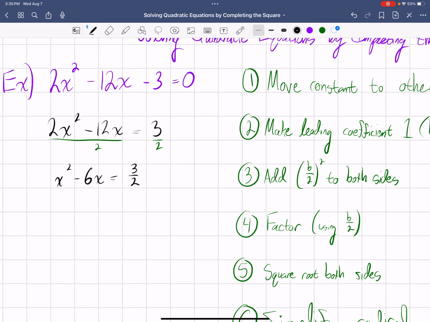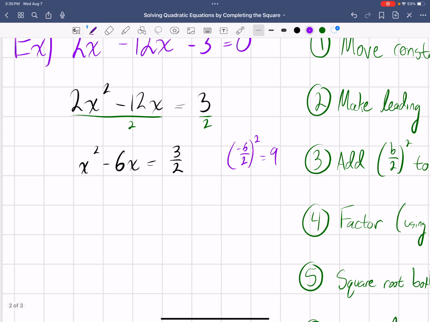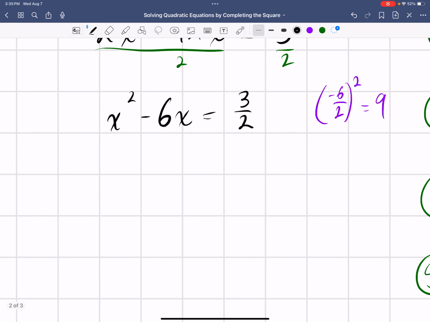Let's take a second to compute that. b, which is -6, over 2 squared. Well, let's see, that gives us -3 squared, which is 9. So we're going to add 9 to both sides. So when we do that, we get x squared minus 6x plus 9 equals 3/2 plus 9.